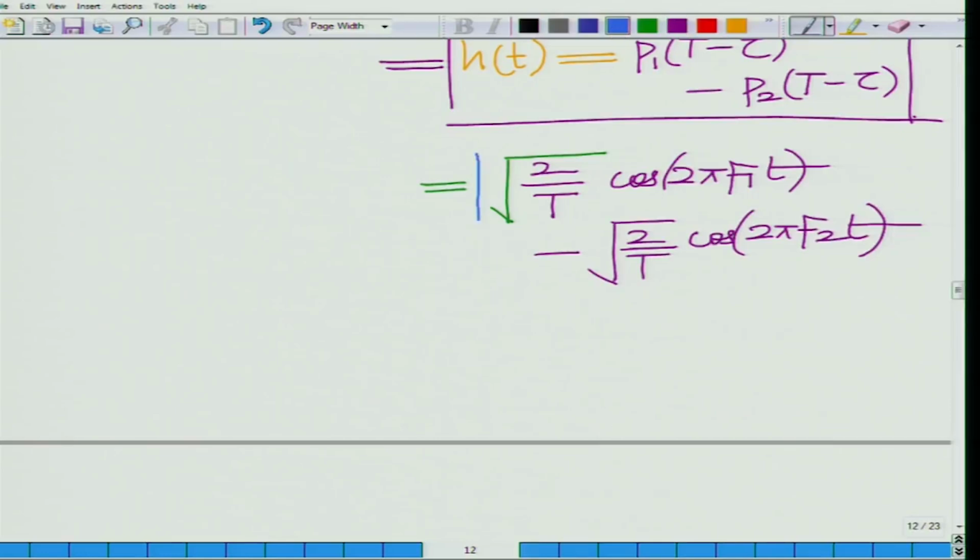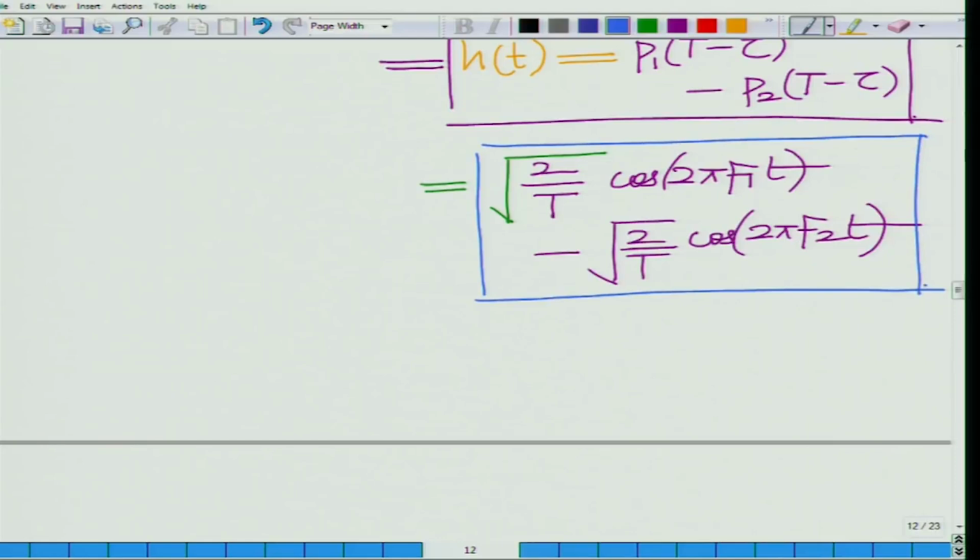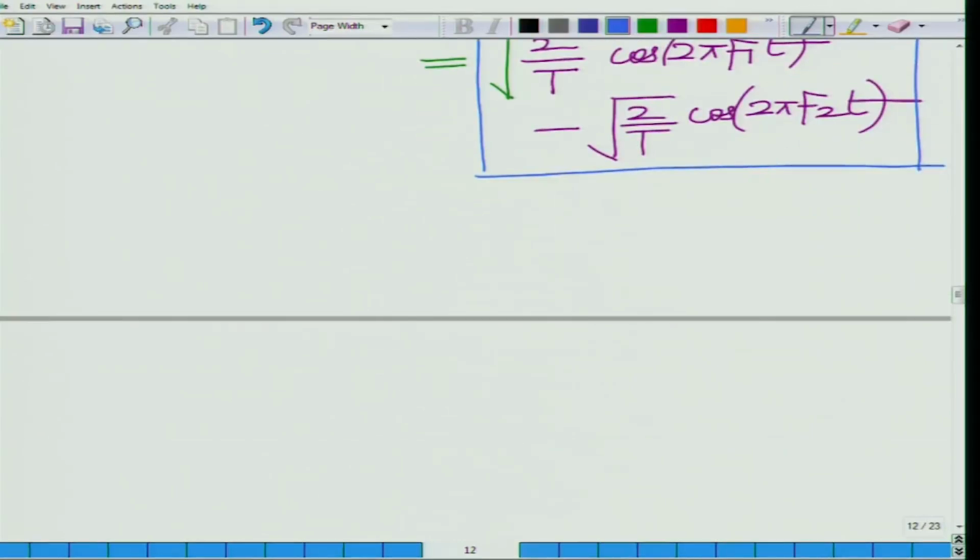This is the matched filter, the optimal filter which maximizes the SNR.